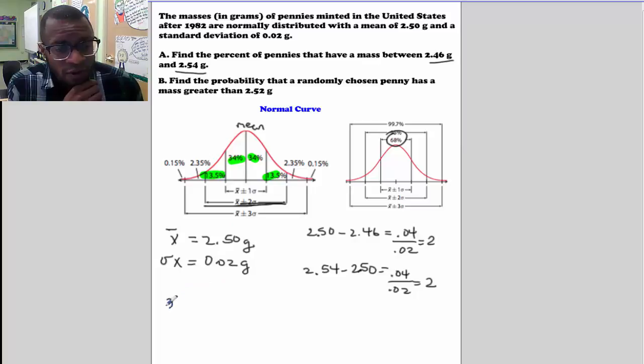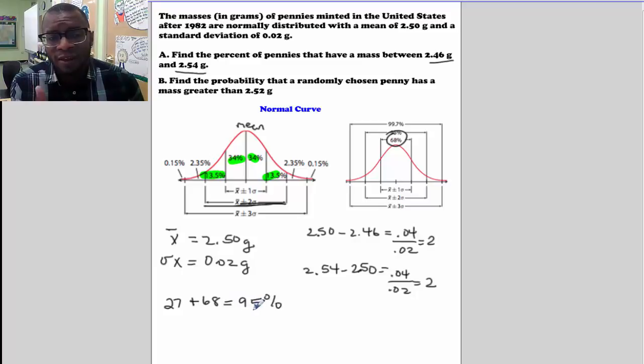So 27% plus 68% is 95%. So that tells me that 95% of the pennies are in between these two values of 2.46 grams and 2.54 grams.